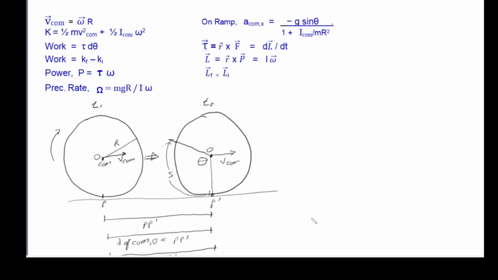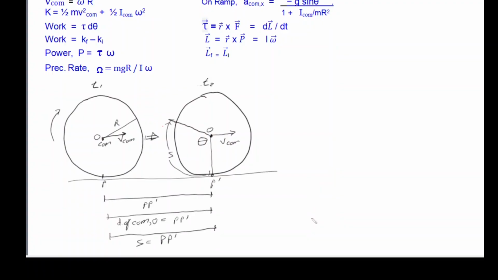So if you look at this first diagram, you can see a wheel that is rolling to the right. You can see that its center of mass is at O, and it has a velocity of the center of mass. Where it touches the surface is point P, and as the wheel rolls, point P moves to point P prime over a certain distance.